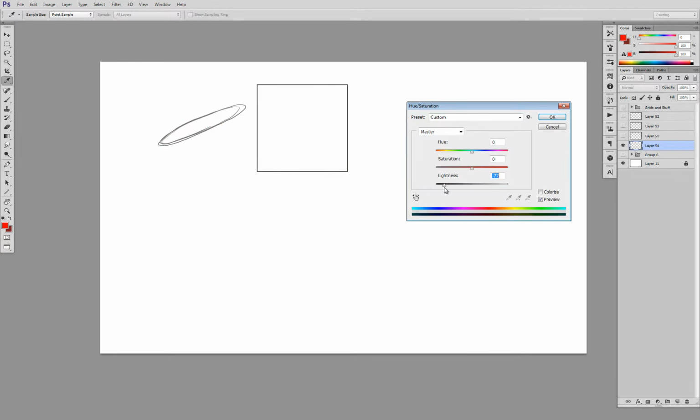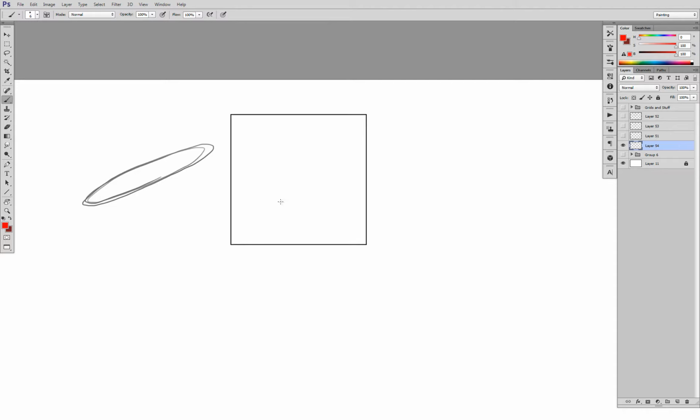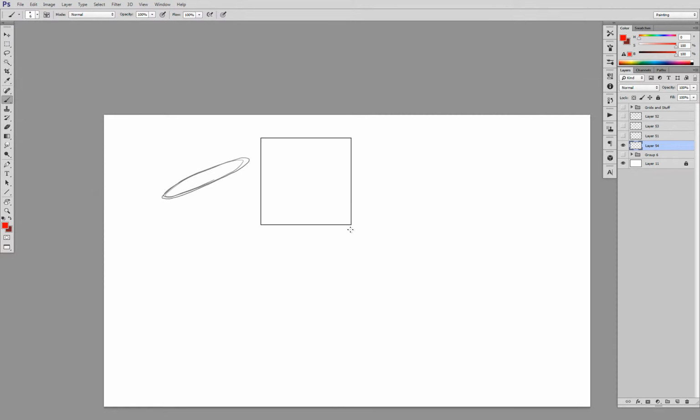So if we have a square, and we know how to plot squares, one of the ways that we can approximate an ellipse is to fit an ellipse, or a circle, in the square.